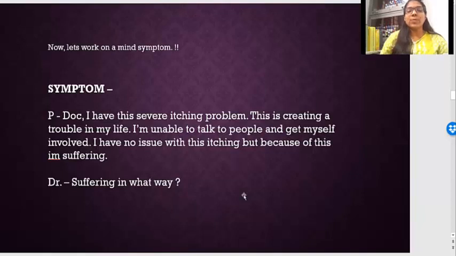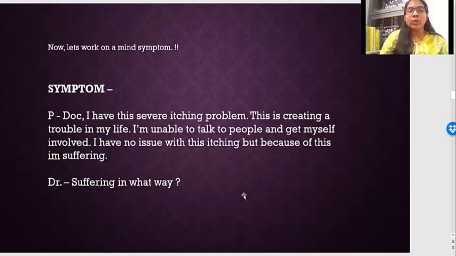The patient comes with the trouble of itching. It goes as follows: Doctor, I have this severe itching problem. This is creating trouble in my life. I am unable to talk to people and get myself involved. I have no issue with this itching, but because of this I am suffering.